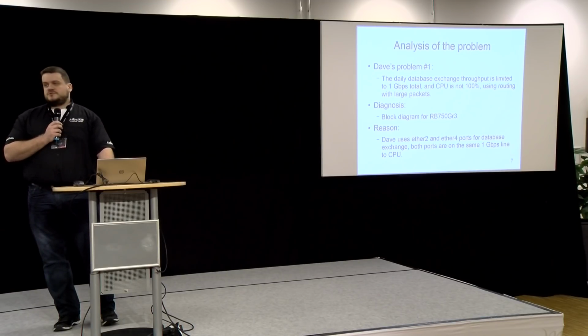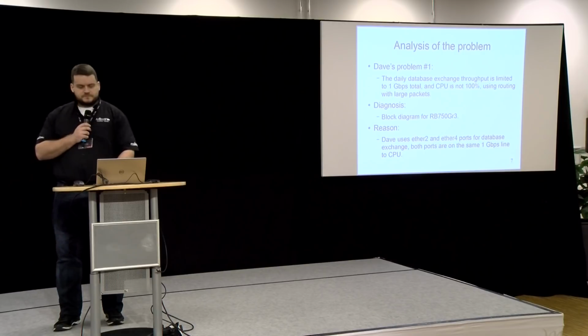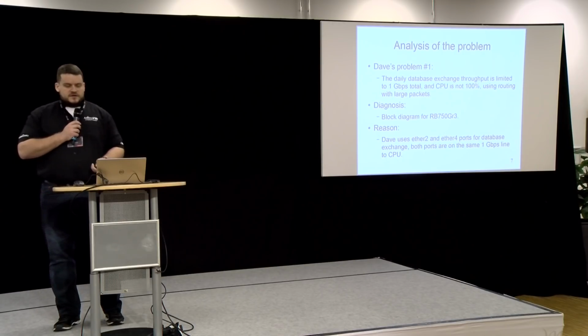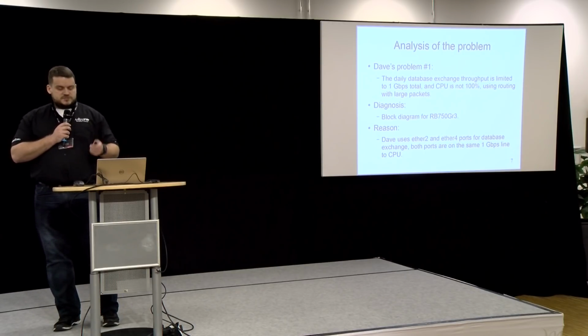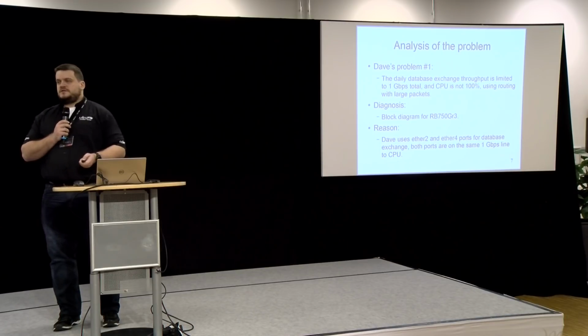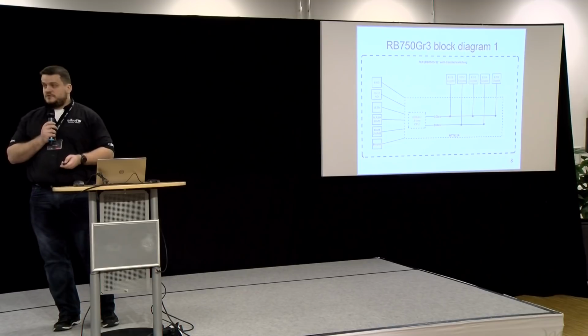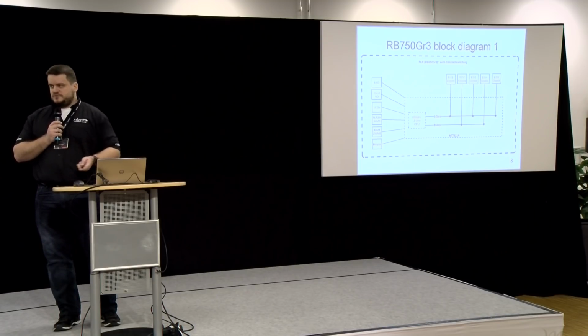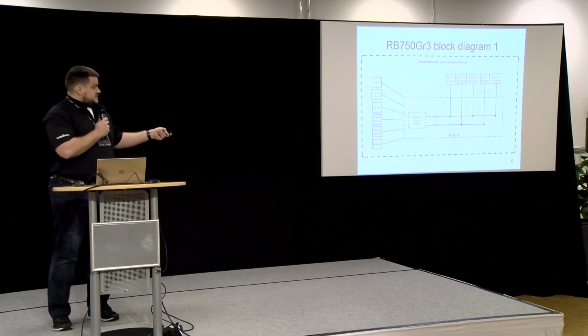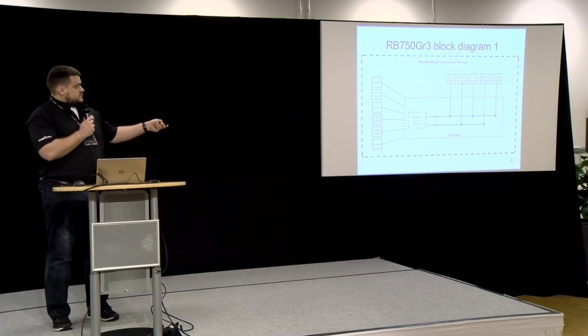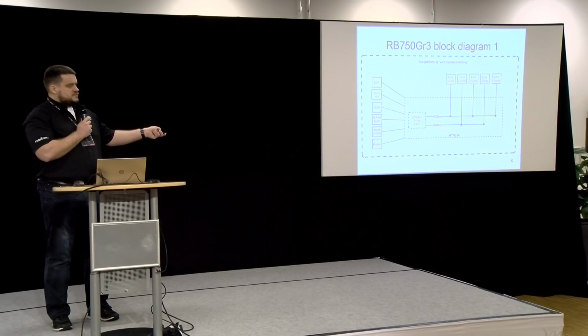Dave needs to use this block diagram of 750G R3. And he will see that he uses Ethernet 2 and Ethernet 4 in this communication. If you take a look at the diagram which is available on our hardware page for every product, he will see that ports 2 and 4 are connected to the same 1 gigabit line to the CPU.